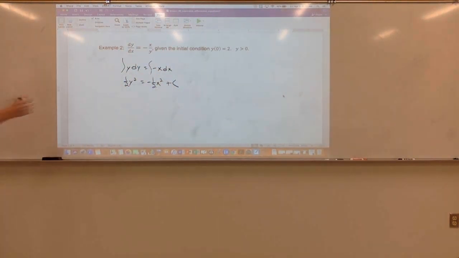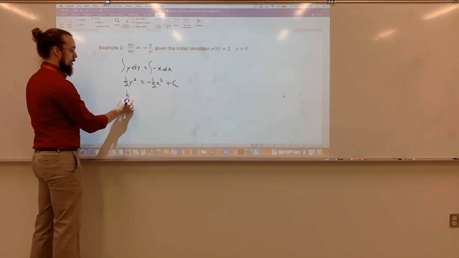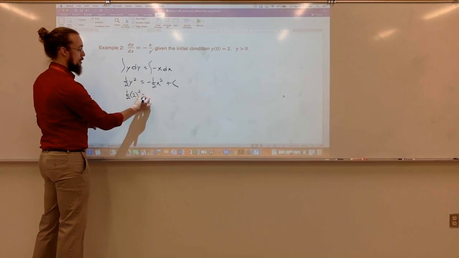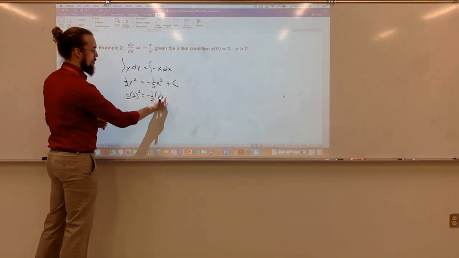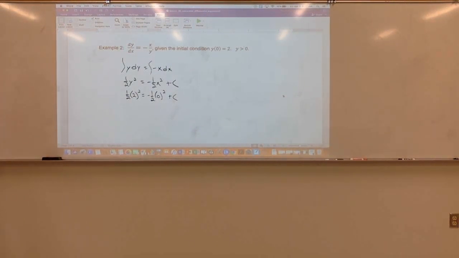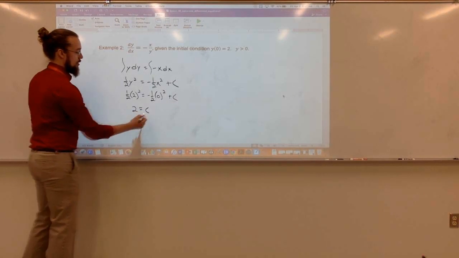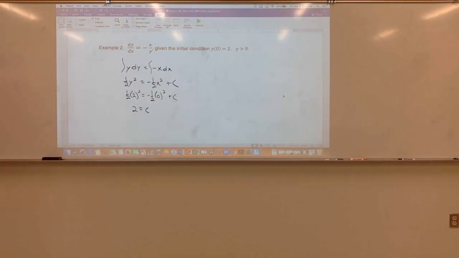Okay, so what that looks like then, if I plug in the point 0, 2, I would have 1/2 2 squared equals negative 1/2 times 0 squared plus c. So we just end up with c equals 2.